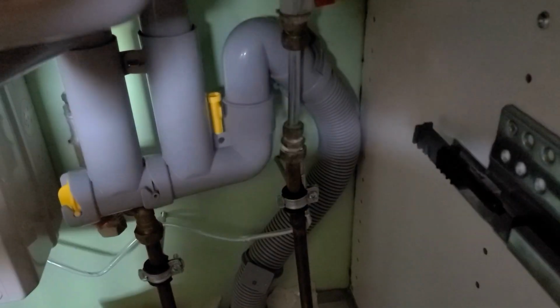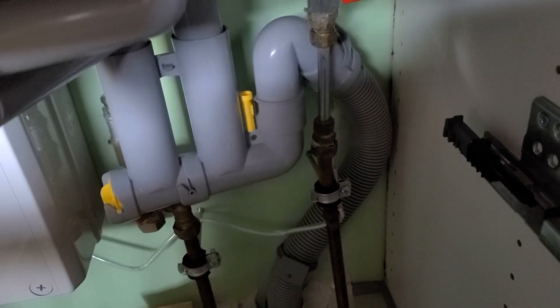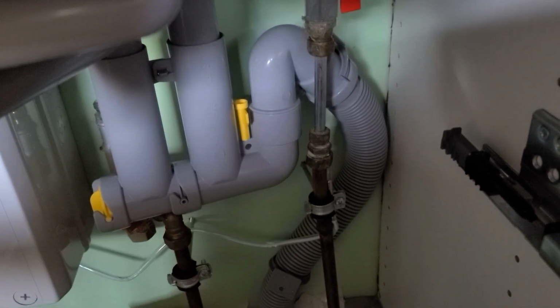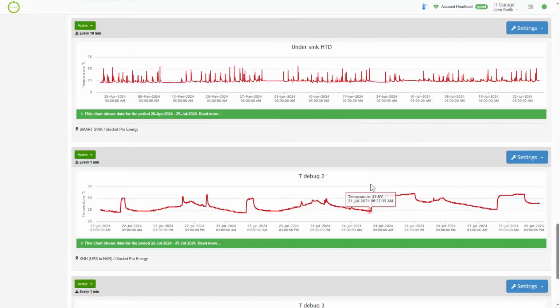You can see the sensor there connected to the pipe. That is quite an important application. Let's talk about that one. I think actually that is more interesting. So I mounted the sensor under the sink in the same place where I'm monitoring flood, and I mounted it to the hot water.